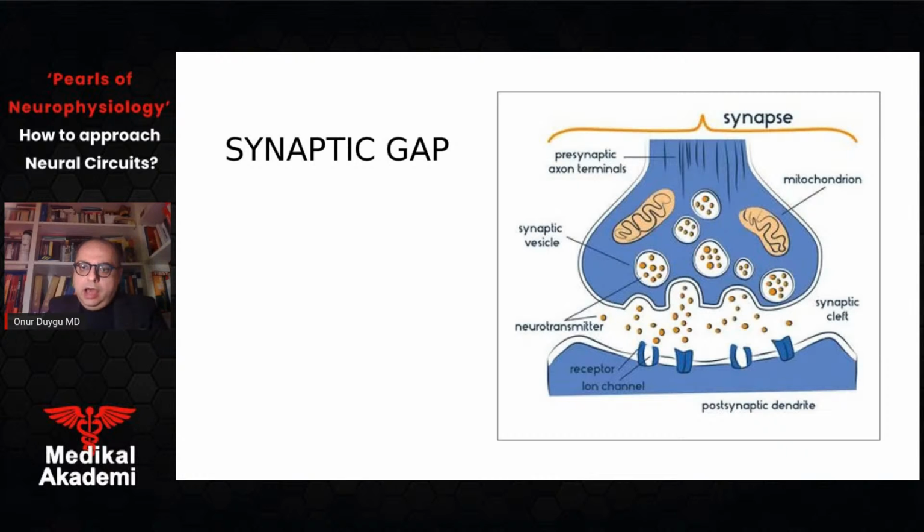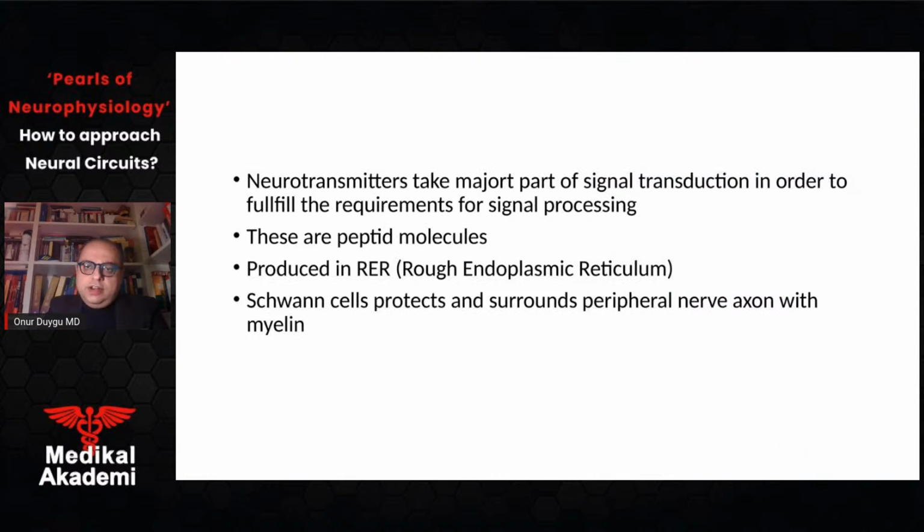And here are the ion channels, receptors, and the postsynaptic dendrite that modulate the neural transmission. Neurotransmitters take part in neurotransmission and signal transduction to fulfill the requirements for signal processing and interneuronal modulation.